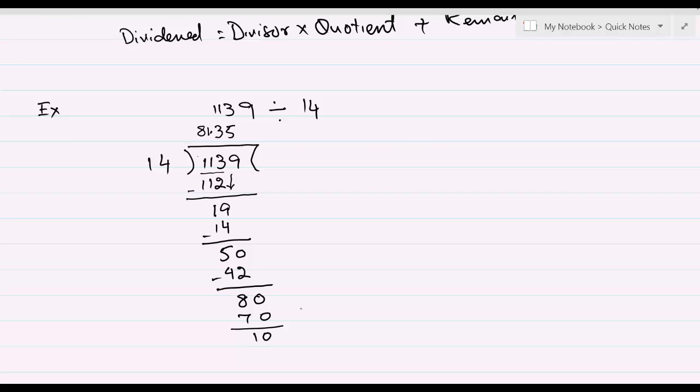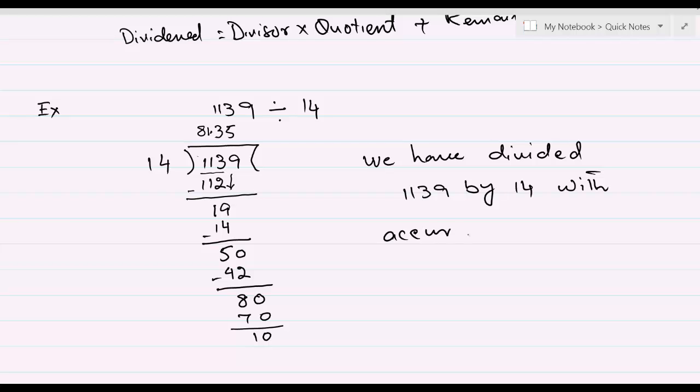So if we continue, in this case we have divided 1139 by 14 with accuracy of 2 decimal places, and we finish this right here.